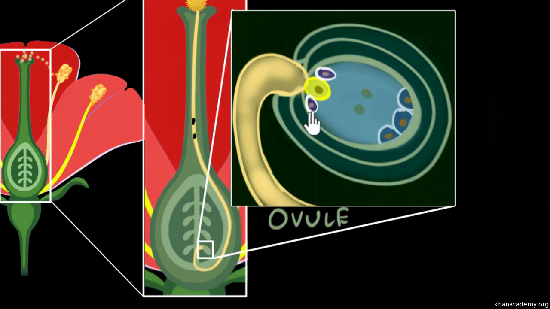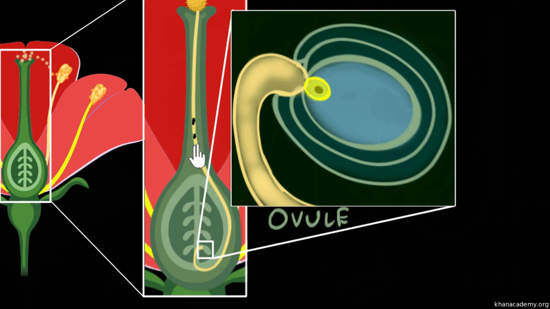In fact, if you count, it turns out there are 1, 2, 3, 4, 5, 6, and this whole big cell, total 7 cells. This big cell has 2 nuclei inside of it. All right. So it turns out there are total 8 nuclei inside this ovule. But don't worry about it. We don't have to worry too much about it right now. So let's not worry about these other cells.